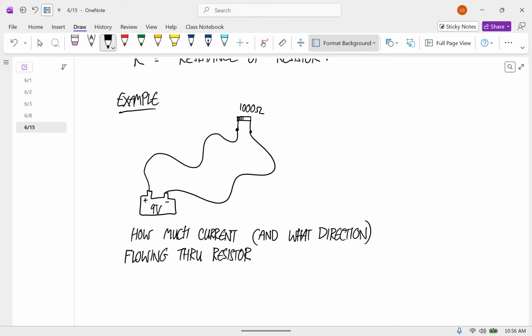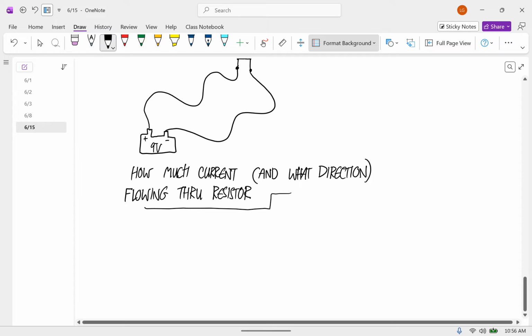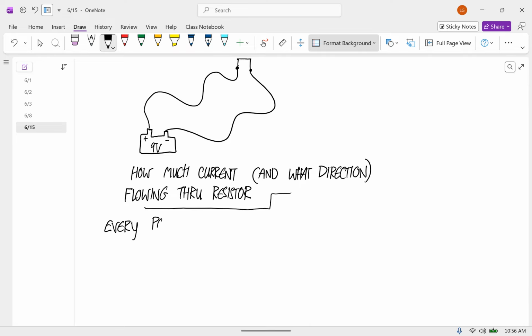The effect of that is that every point on a connected wire has the same electric potential.